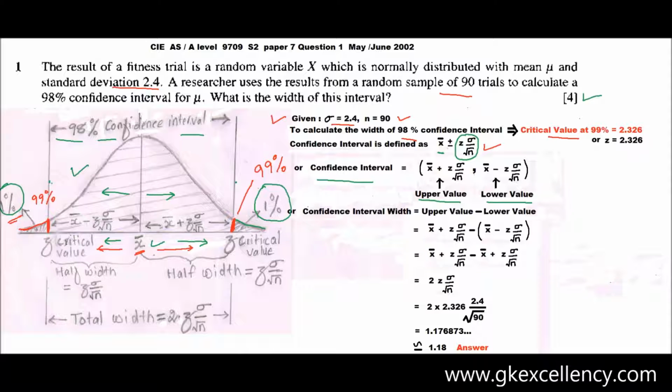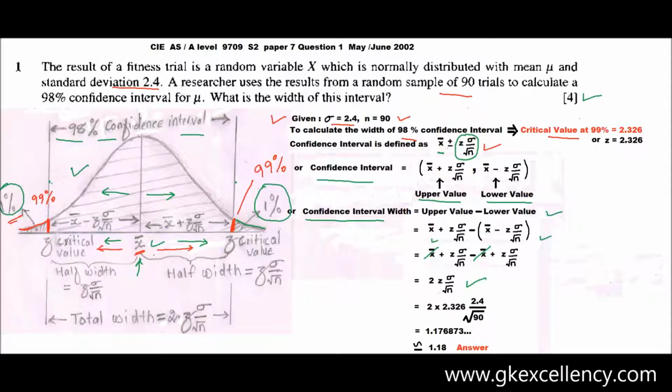So the confidence interval width would be the upper value minus the lower value. I substitute the upper value and minus the lower value, open the bracket and simplify. The x bar will cancel out and you are left with 2 times z sigma upon square root of n. As you can also see here, x bar is my mean and the half width would be z into sigma upon square root of n.